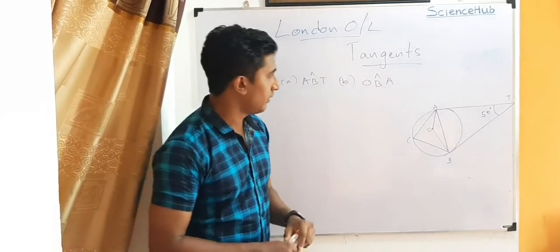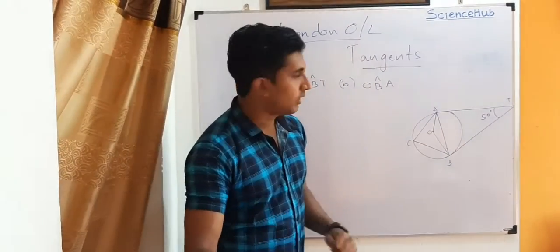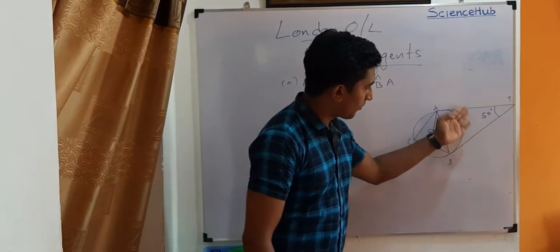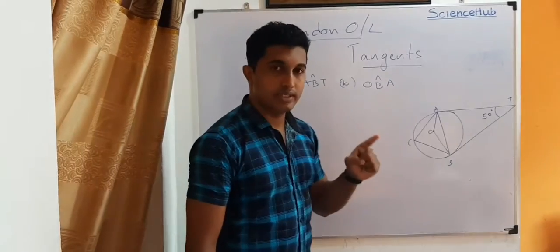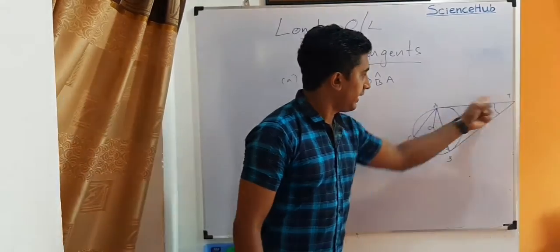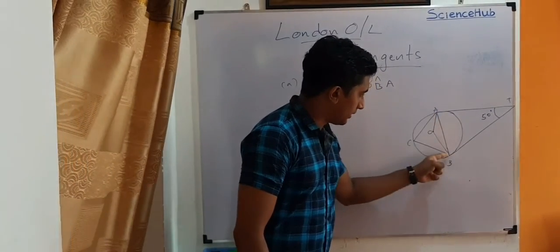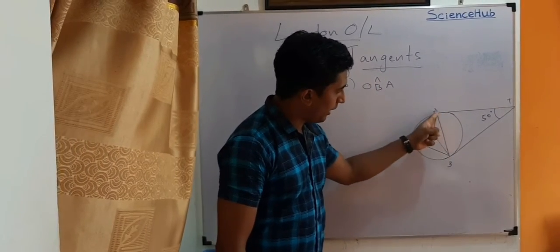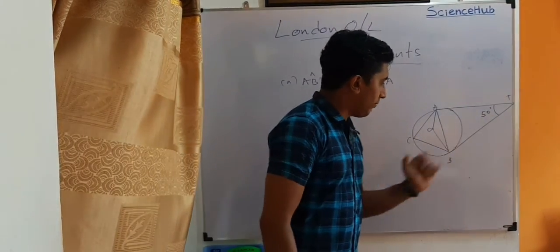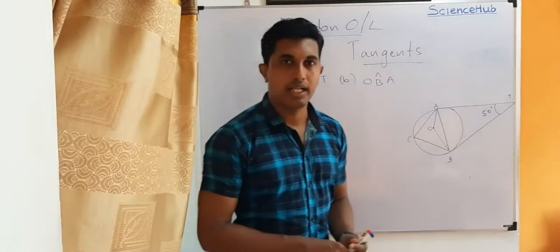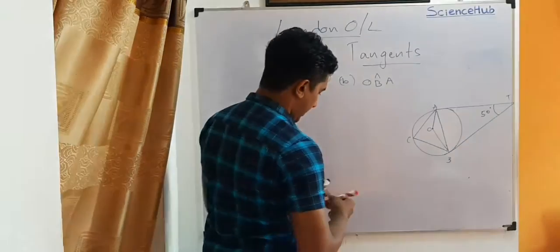According to the second theorem that you learned before, these two lines are tangents, and TA and TB are the touching points of these two lines. TA and TB should be equal in length according to the second theorem.